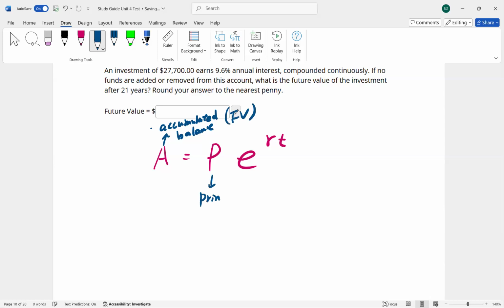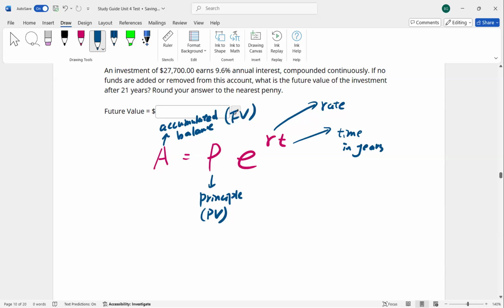P is the principal, the present value. Yeah, PV means present value. You don't have to know that, it's just another way to express it. And r is the annual interest rate, given as 9.6% in this case. t is time in years. All right, we understand the meanings of those variables in the formula.